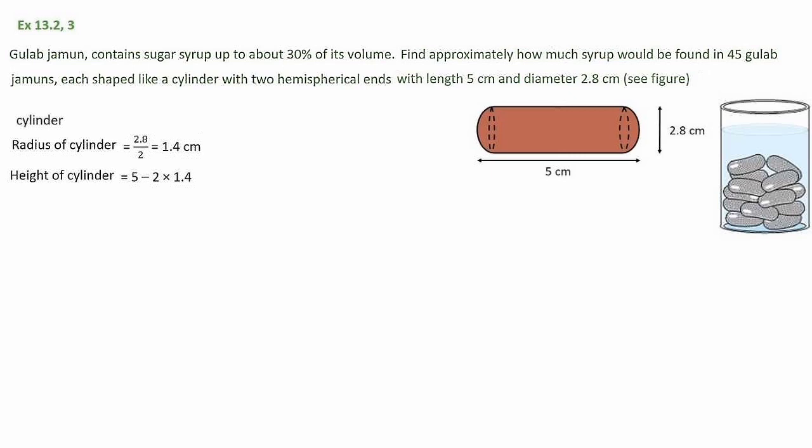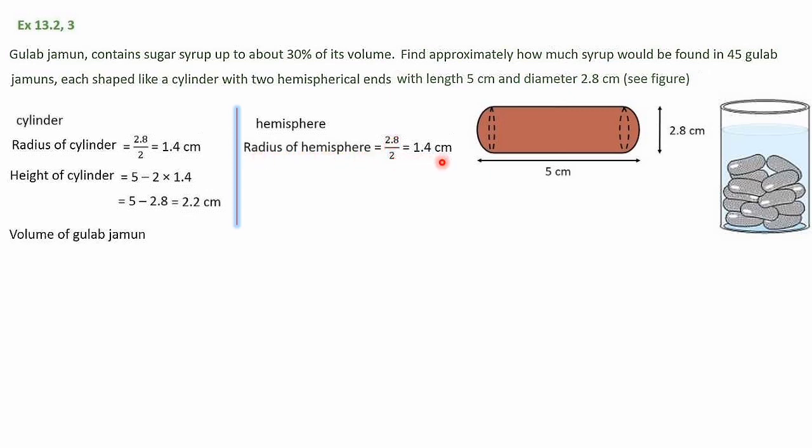That means 2 into 1.4 is removed from the total length 5. We will get the answer as 5 minus 2.8, that is equal to 2.2 centimeter. That is the height of the cylinder. Next is the hemispherical portion. Only one dimension is there, that is radius 2.8 by 2, that is 1.4 centimeter.